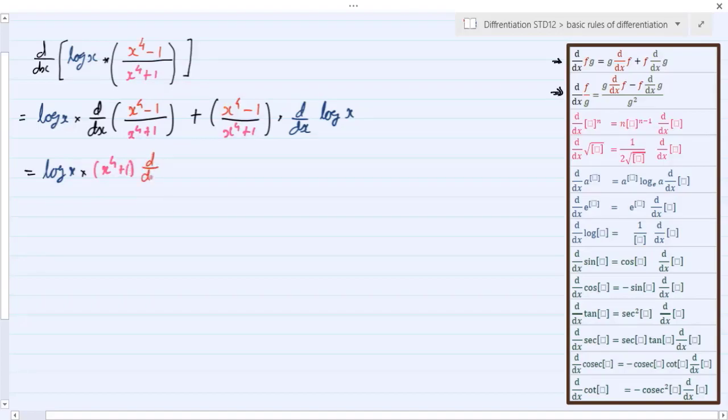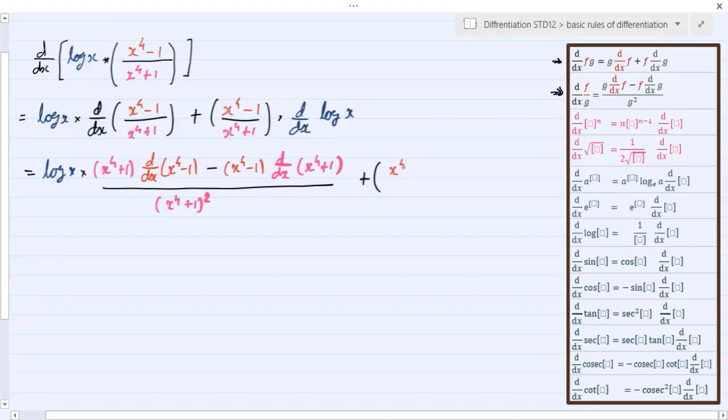We have to differentiate the numerator, which is x raised to 4 minus 1, minus your numerator will be as it is. We have to differentiate your denominator, whole divided by the denominator square, plus x raised to 4 minus 1 upon x raised to 4 plus 1 will be as it is, into differentiation of log x, which will be 1 by x.